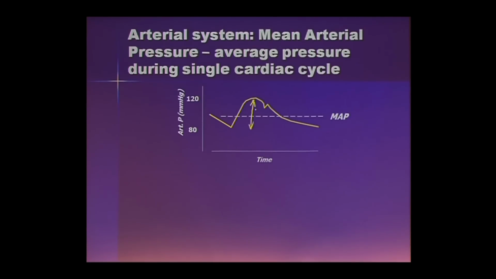If you remember back to the last lecture, we talked about the beginning of the systemic circulation, and I'm going to talk about systemic circulation, but this whole thing is absolutely true for the pulmonary system, except that pressures are much smaller.